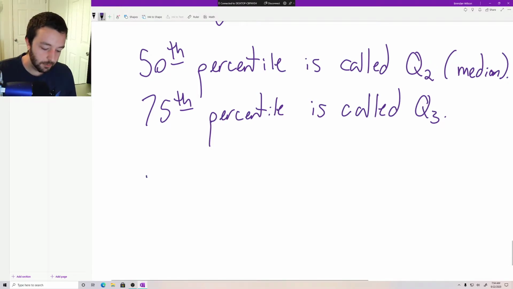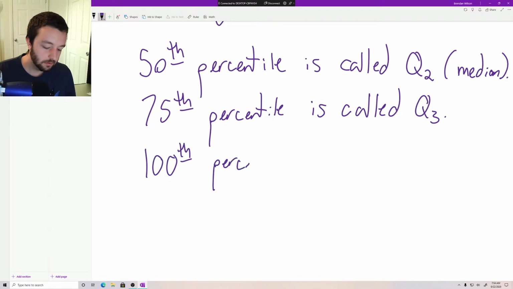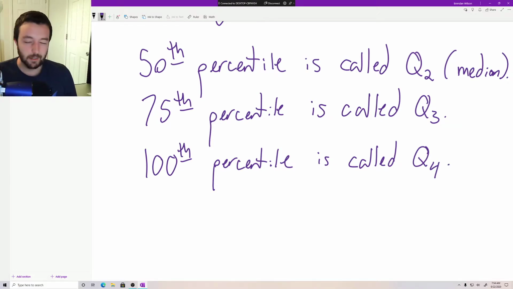And finally, the 100th percentile is called Q4. Now, we don't really talk about this one too much. Oftentimes, it's not even listed. Like in the book, it doesn't even list Q4 because this is just your maximum data point. This means that 100% of the data is at or below this point.